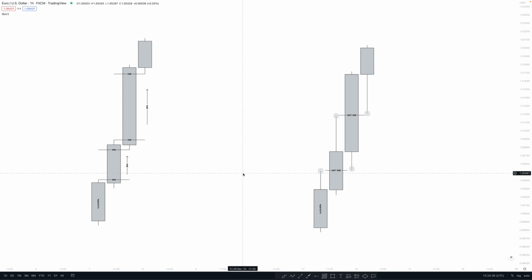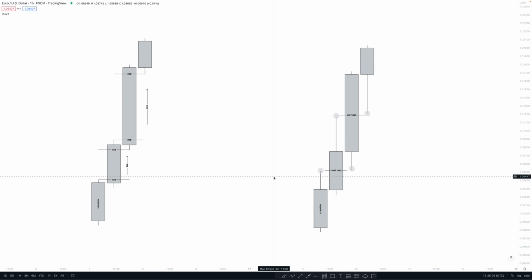Usually imbalance represents some kind of gap in a market, and I think that everybody knows what a gap represents. Usually when you see a gap, I don't know, 70, 80, maybe 90% of the time, that gap gets filled. So you're going to have a big gap in the market and price is going to continue to trade to the downside, and then at some point, it's going to continue up to fill that gap. This is the same thing as imbalance.